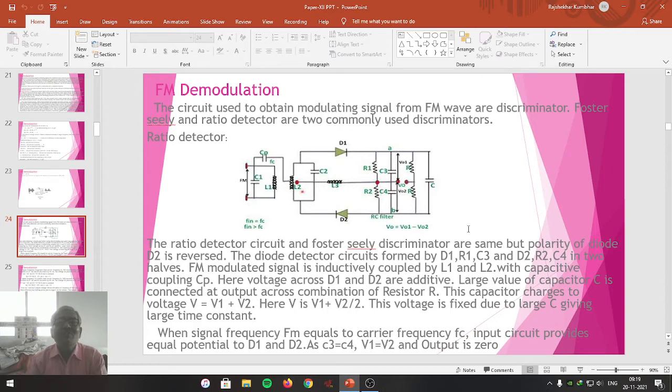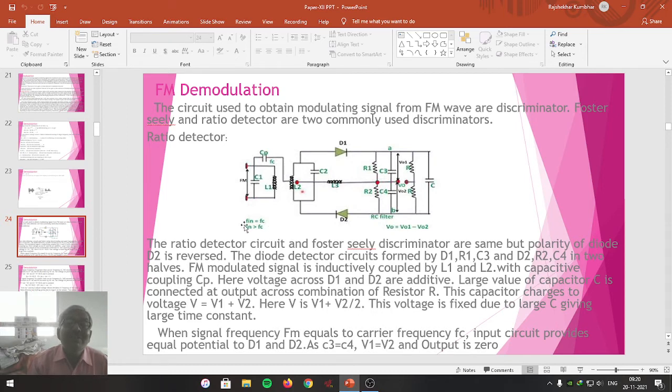But all this depends upon the frequency of the carrier wave and also the frequency of the modulating signal. Depending upon their magnitude only, the entire ratio detector circuitry works. If the input frequency, meaning the modulated frequency, and the carrier frequency are equal, then one thing happens. If the input is greater than the carrier frequency, then something different happens.